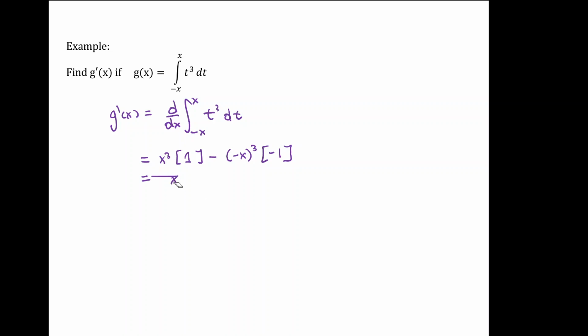And we get x cubed minus, we have negative x to the power of 3, which is going to be negative x, multiplied by negative, so it's still going to be negative x cubed. We get 0.